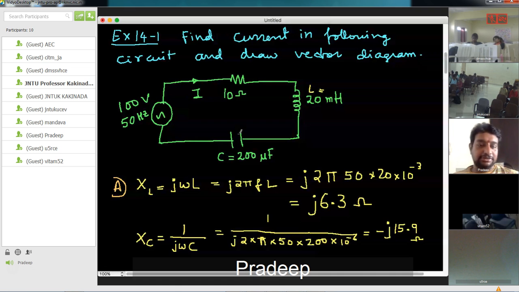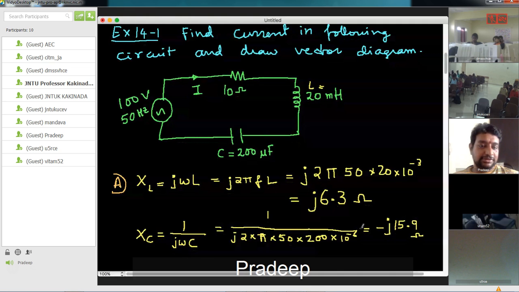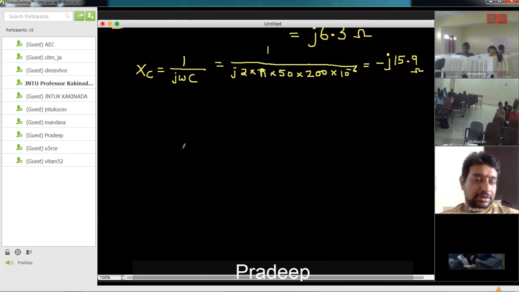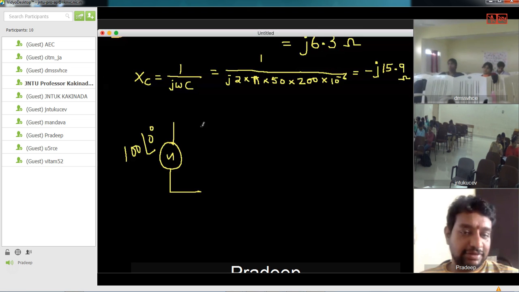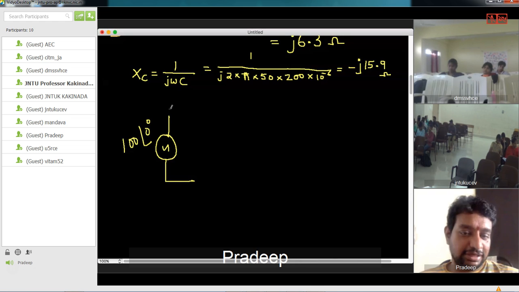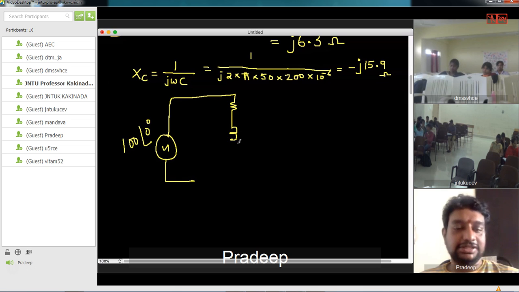Let me redraw the circuit now. The source is 100 volts, and the phase angle of the source can be assumed to be 0 degrees. Then I have a resistance, an inductance, and a capacitance. These three elements are connected in series, so it's basically the same circuit.